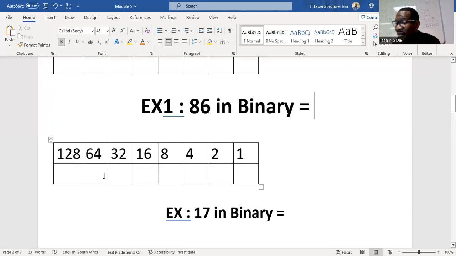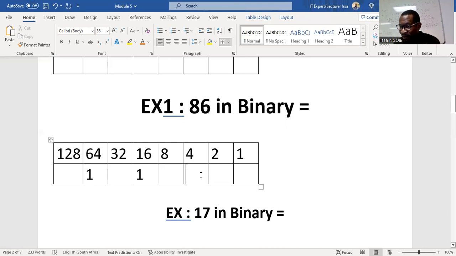For me to get this 86, I'm going to take first 64. So where there is 64, I'm going to put 1. 64 plus what? 64 plus 16. 64 plus 16 is 80.